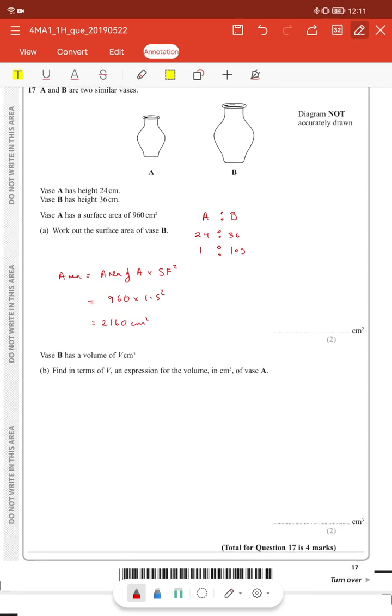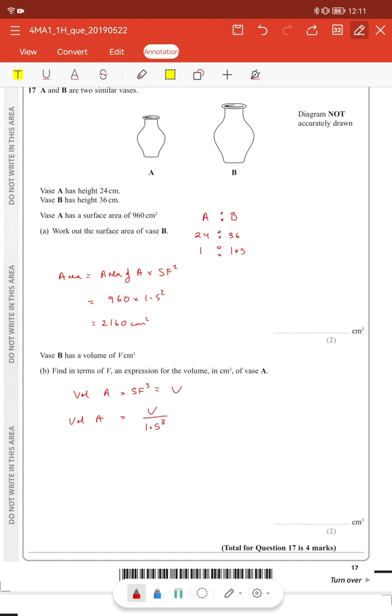Vase B has a volume V. Find an expression in terms of V for the volume of A. So remember, the volume of A times the scale factor cubed would equal V. So the volume of A would equal V over 1.5 cubed.